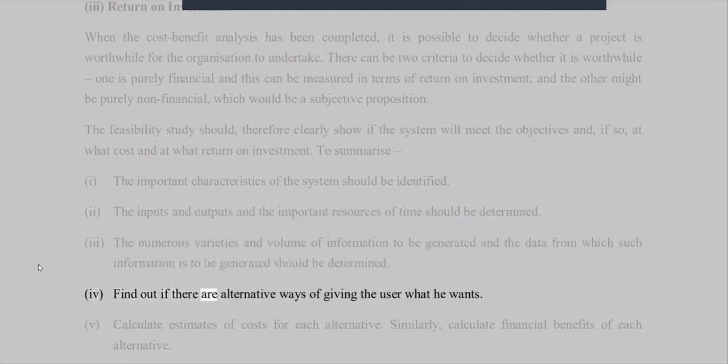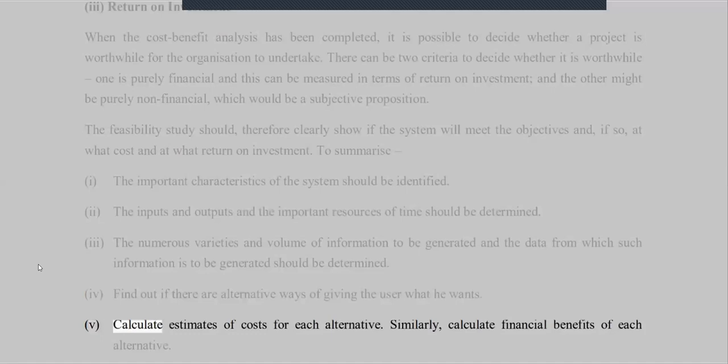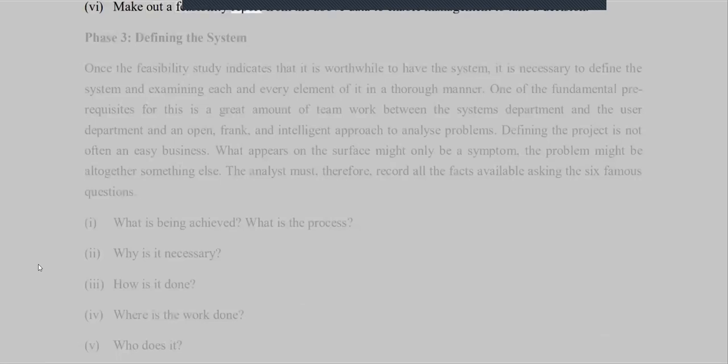Find out if there are alternative ways of giving the user what he wants. 5. We calculate estimates of costs for each alternative. Similarly, calculate financial benefits of each alternative. 6. Make out a feasibility report from the above data to enable management to take a decision.